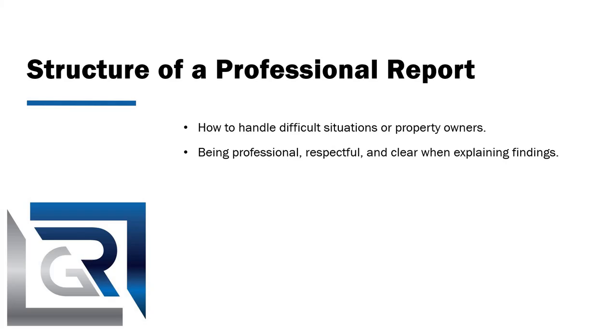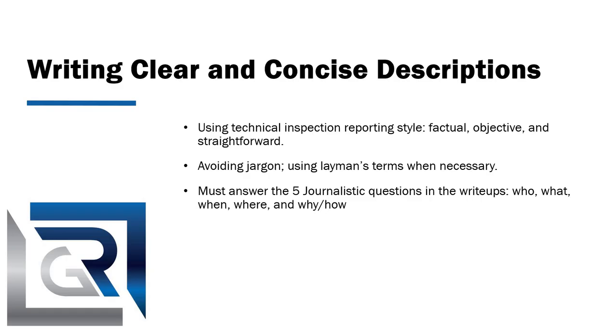In a nutshell, the report writing is simply going to answer the five journalistic questions so that we can write a business profile. Who is the business? Where are they located? What do they do? Who are the employees?